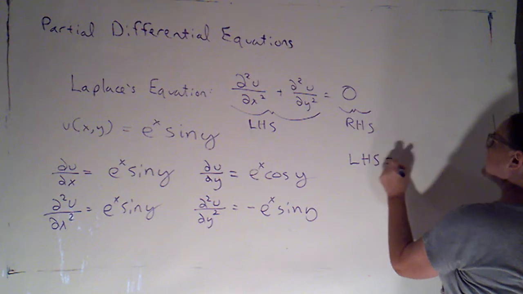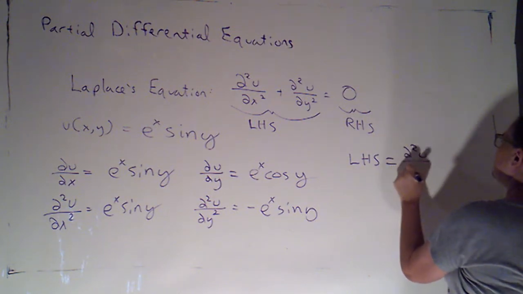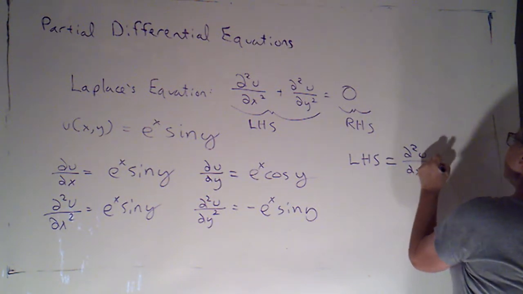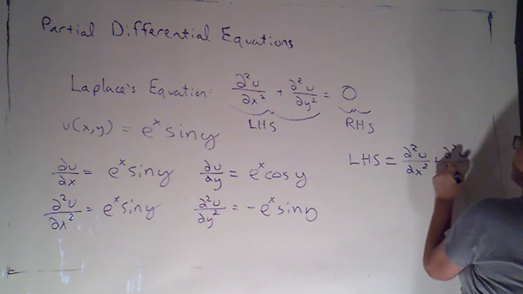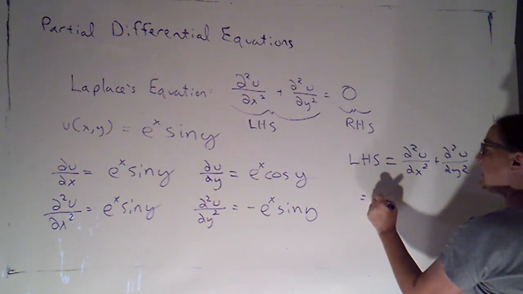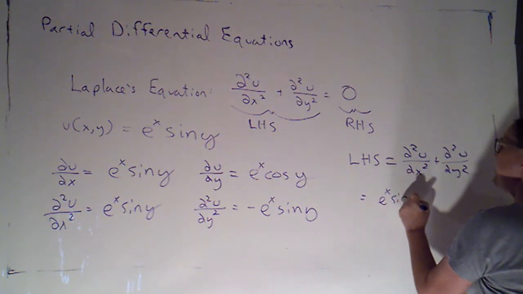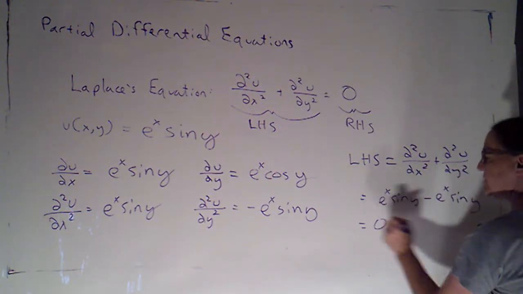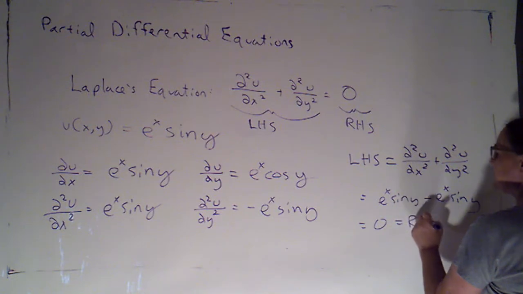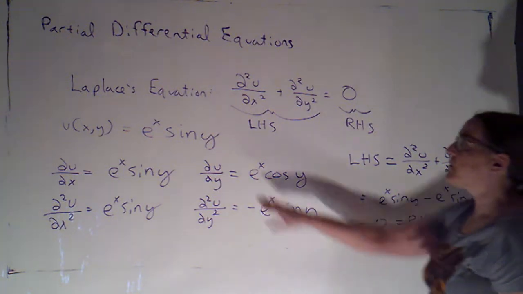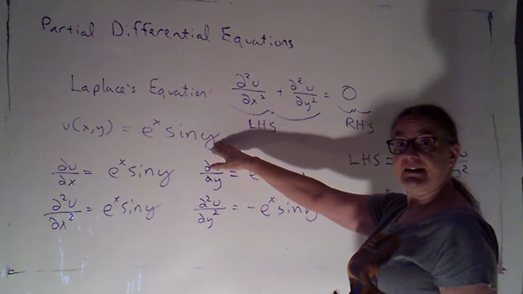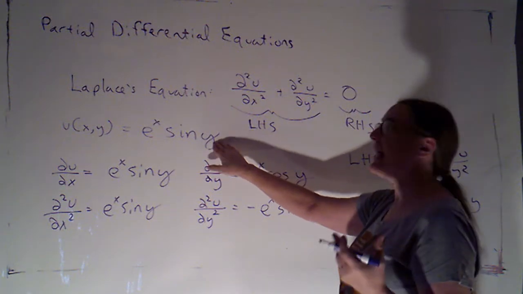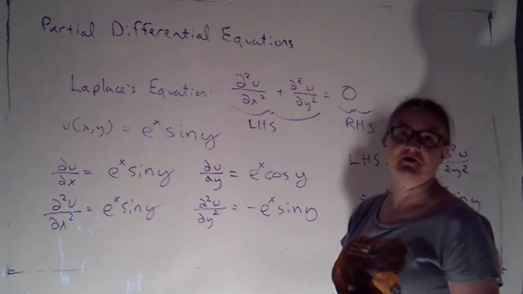So the left-hand side was the partial squared u partial x squared plus the partial squared u partial y squared. That's going to be e to the x sine y minus e to the x sine y, which is 0, which is the right-hand side. So that tells us that this function, yes, it is a solution to this differential equation.